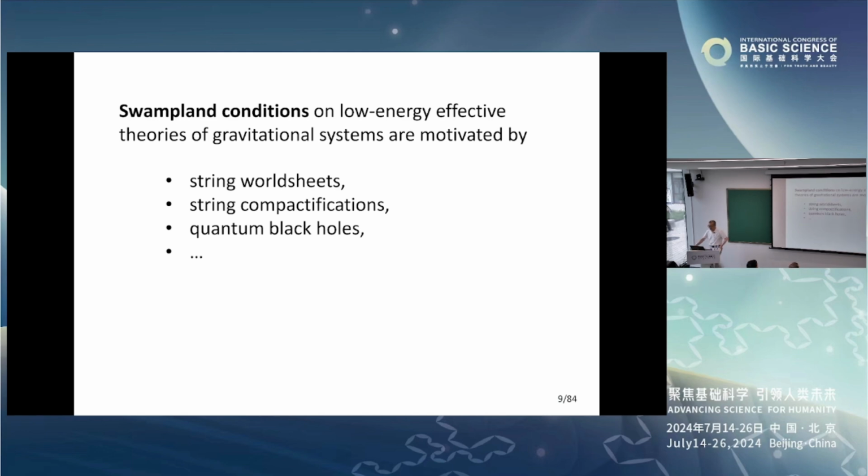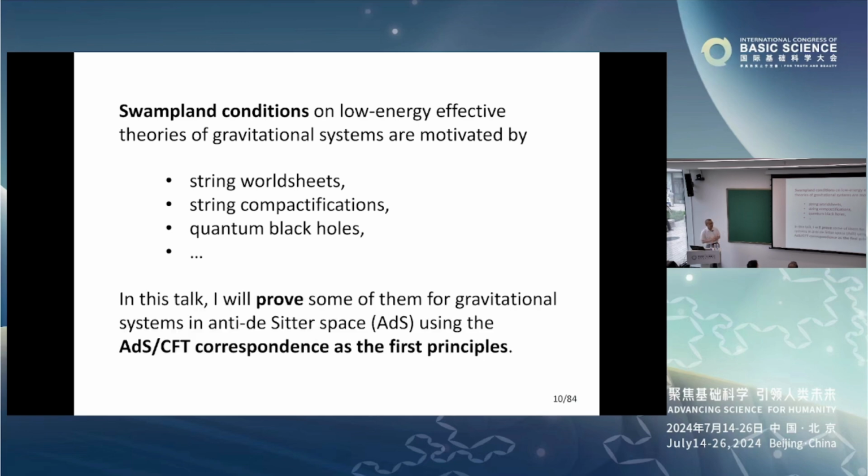The swampland conditions on low energy effective theory of gravitational systems are motivated by a variety of circumstantial evidence: first, properties of the string worldsheet and string compactification, and the properties of quantum black holes. But in this talk, I would like to prove them.